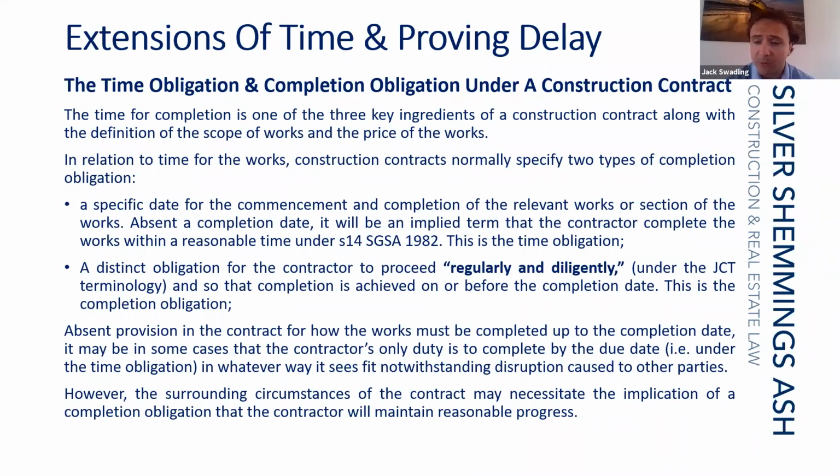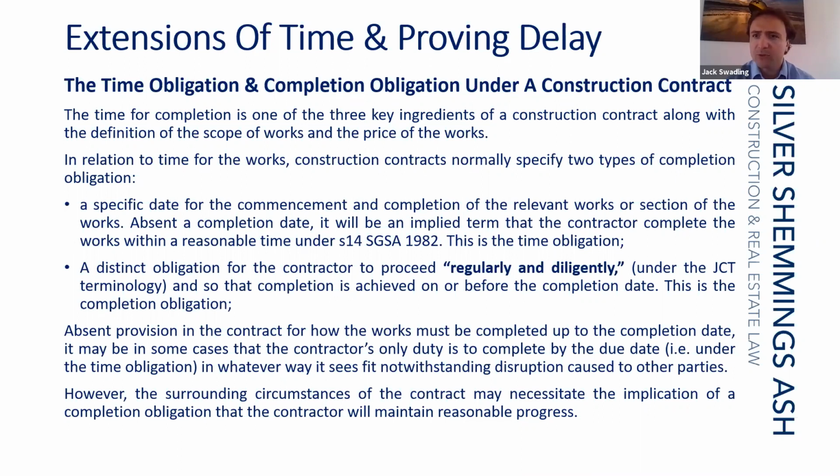So how much time does the contractor have to complete it? And third, there needs to be a mechanism for defining the price. Now, if either time or money isn't defined, then what will happen is statute and common law will step in to imply a term into the contract to give it effect.